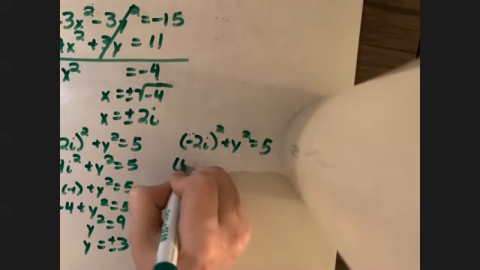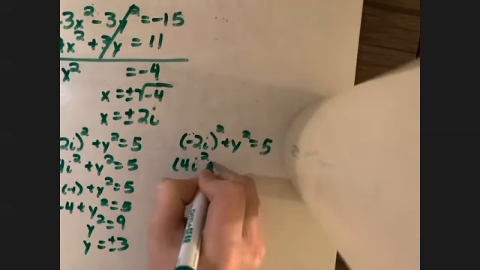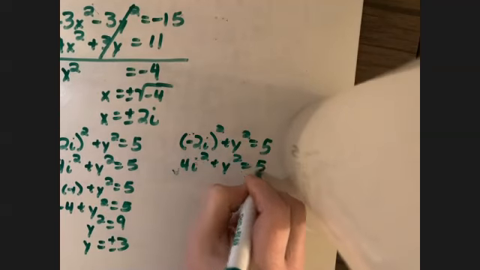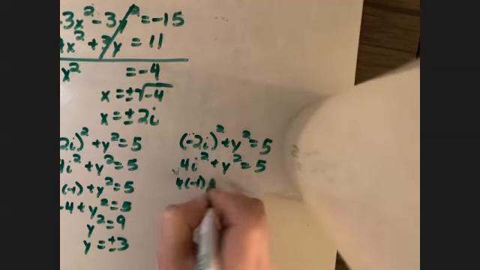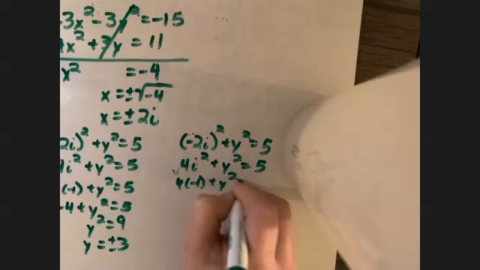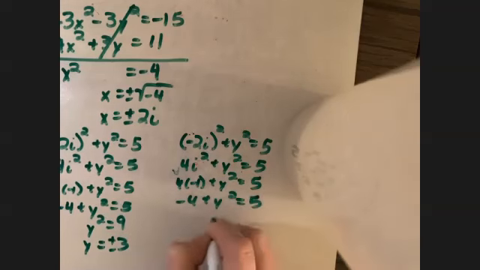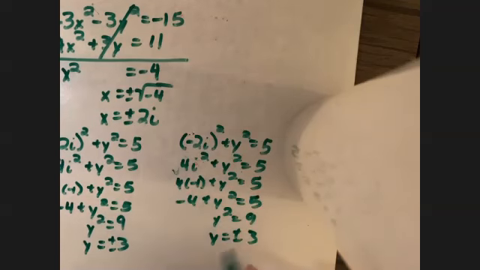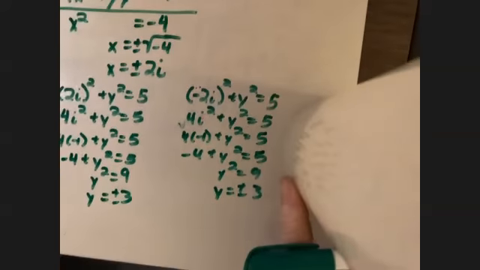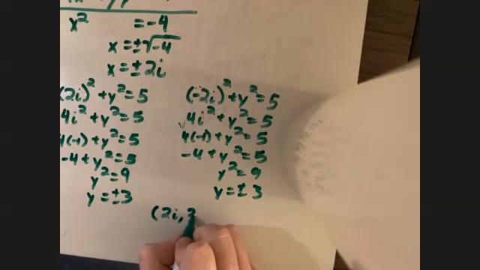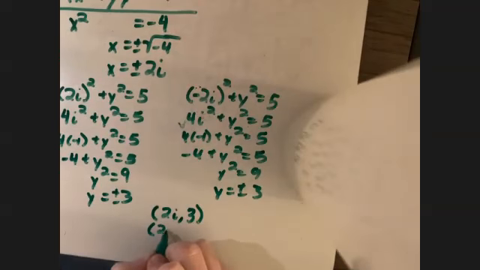Solving over here, this is 4i squared plus y squared equals 5. Again, 4i squared turns into -1. So for my answers, I have 2i, 3 and 2i, -3.